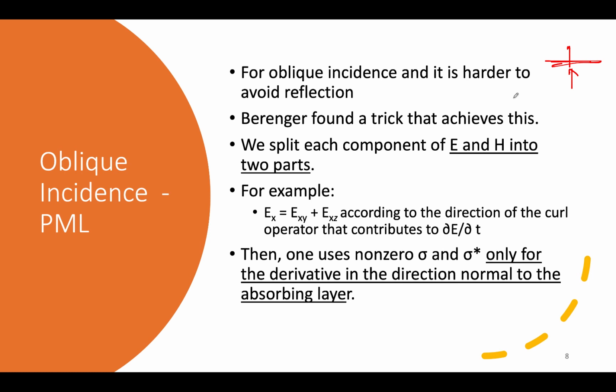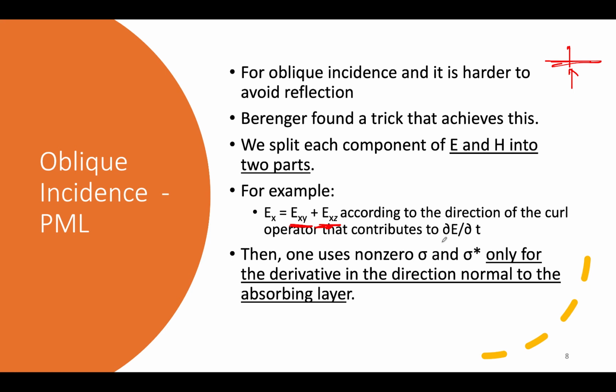However, Bérenger found a trick that is achieved through a very simple mechanism: to split the electric field and the magnetic field into parts. For example, if we have the x component of the electric field, we split it up into two terms, the two terms that contribute to the curl in the Maxwell equation.